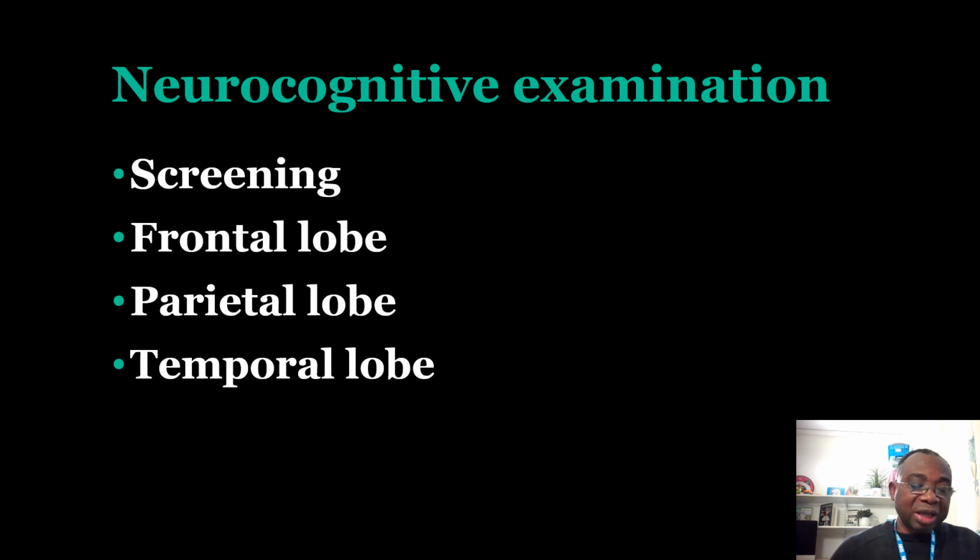Agraphia: ask the patient to write. Inability is called agraphia. Alexia: ask the patient to read. Inability is called alexia. Lesions in the angular gyrus of the inferior parietal lobe can cause these inabilities.